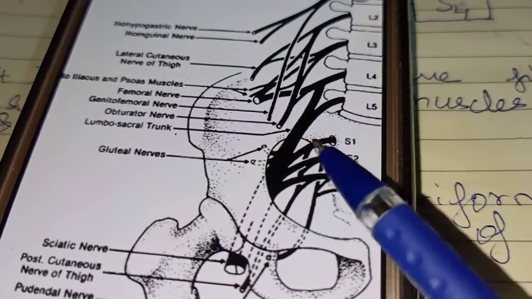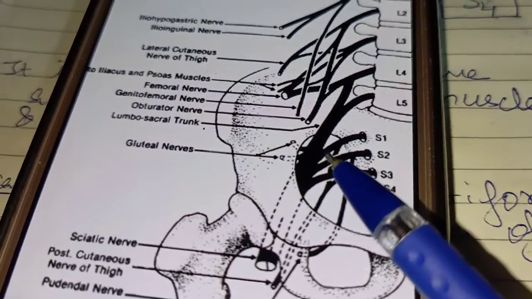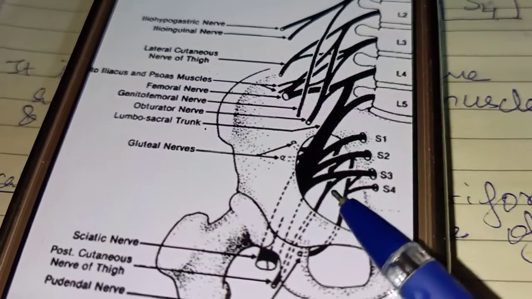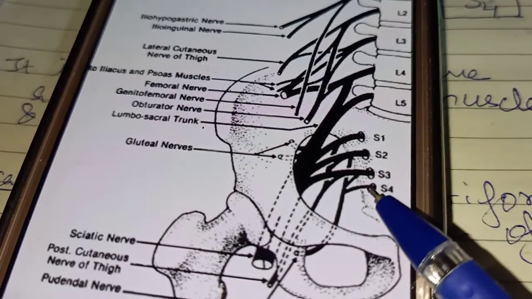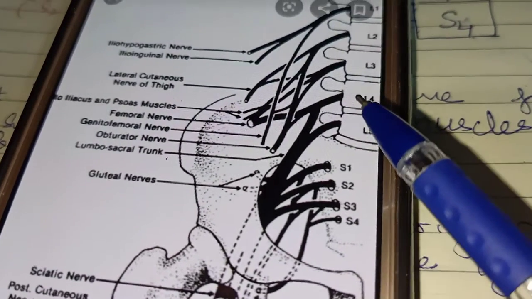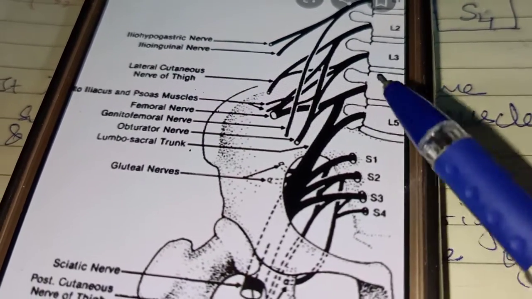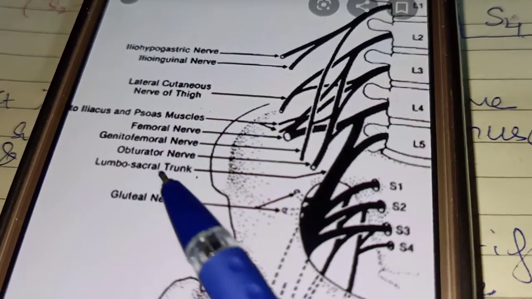So from the anterior rami arises the sacral plexus. These sacral fibers emerge from the anterior sacral foramina, and are joined by the fourth and fifth lumbar roots to form the lumbosacral trunk.